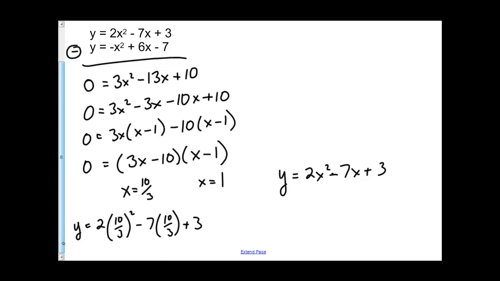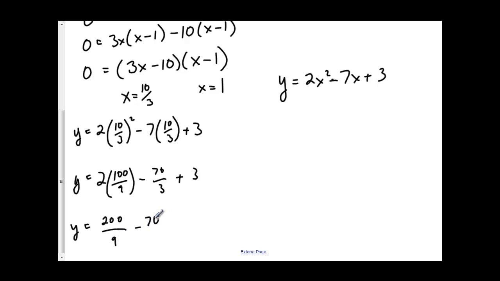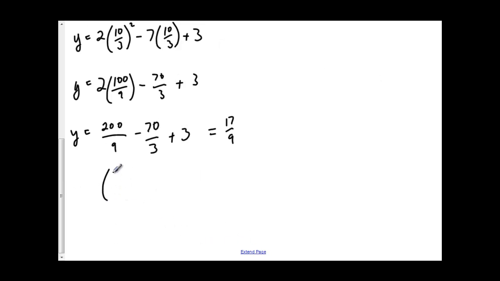When I square this out, I get 2 times 100 over 9 minus 70 over 3 plus 3, which gives me 200 over 9 minus 70 over 3 plus 3, which equals 17 over 9. So my solution for this one is 10 over 3 and 17 over 9.